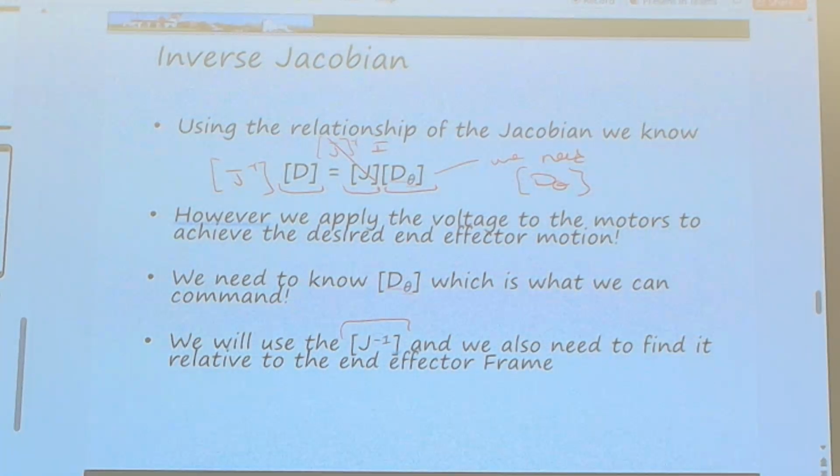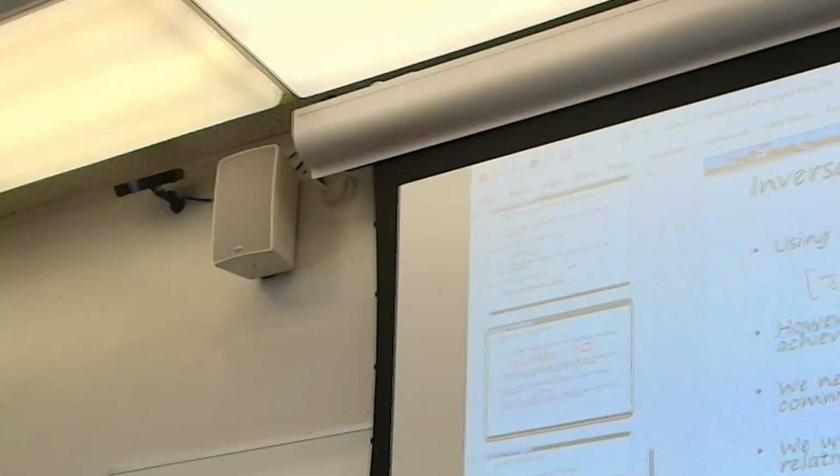So we're going to define P to be our X, our Y, our Z, alpha, beta, gamma, for lack of a better term. So that's my P. My P dot is the end effector, in the global frame potentially as well.